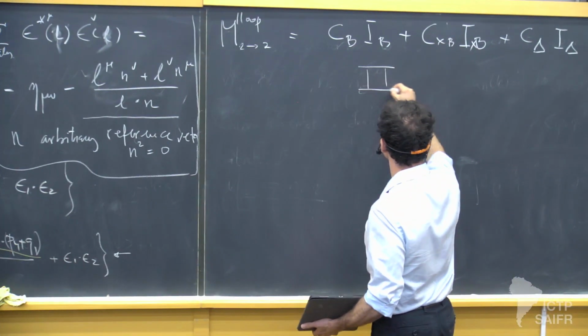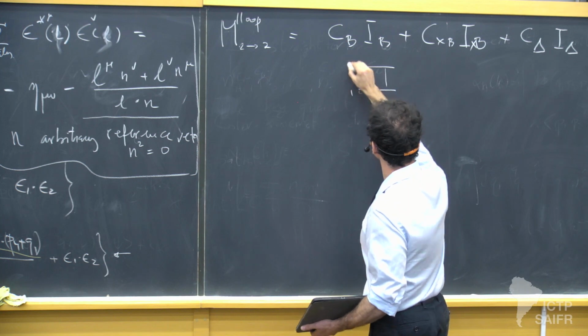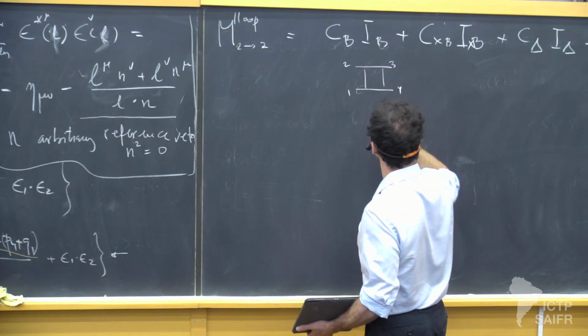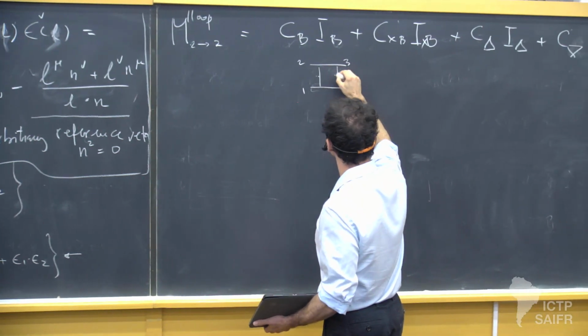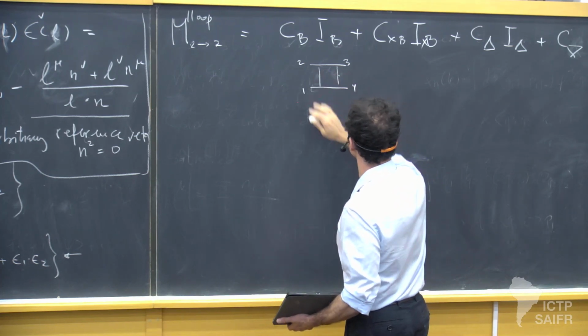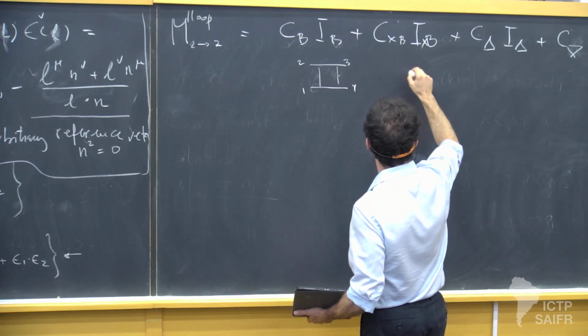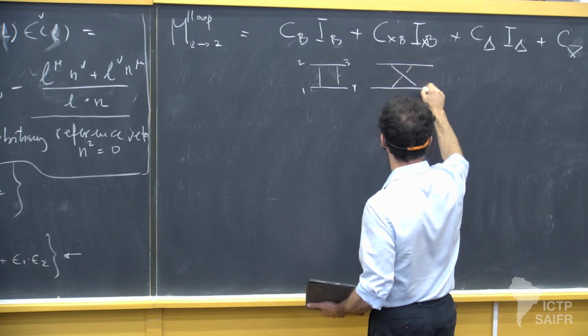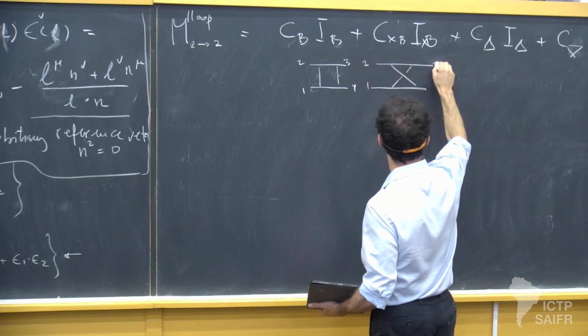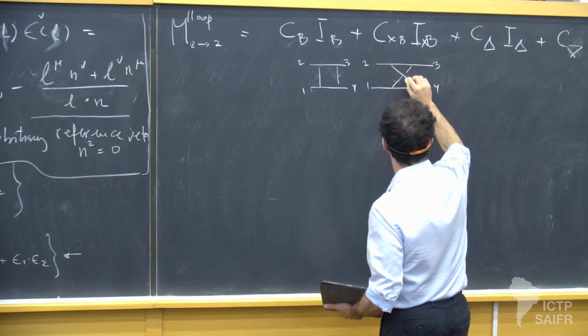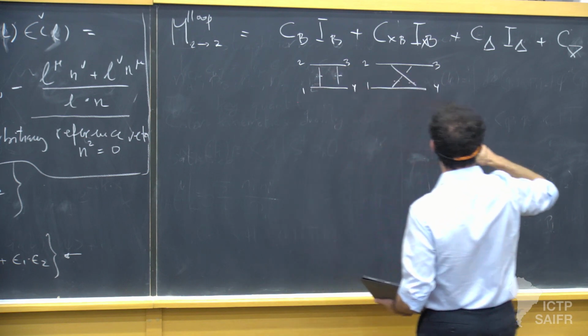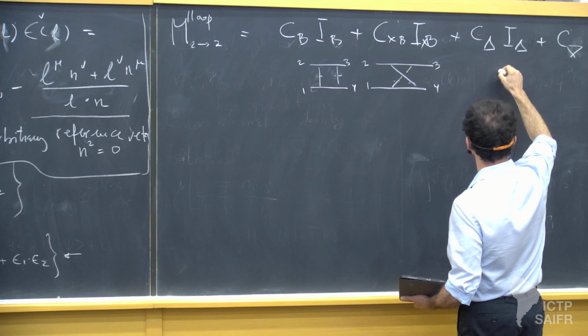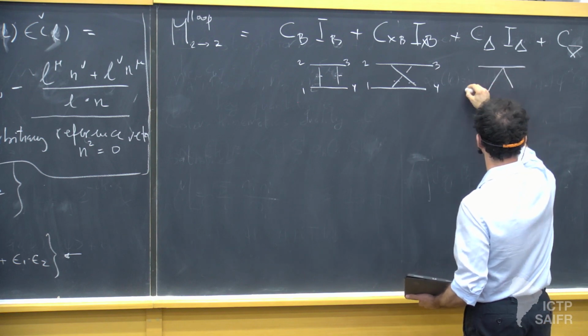All right, so what is IB? IB is this scalar integral. Cuts don't really matter here. Then this one is this integral, again with these cuts. This integral is, as the picture suggests, this triangle integral.